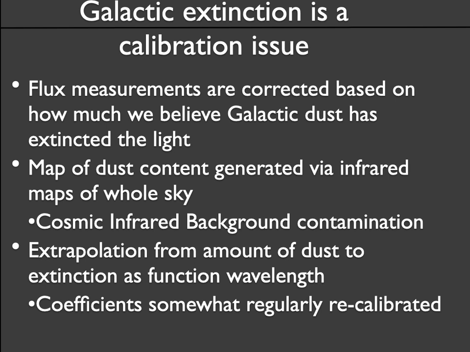So that is a calibration issue, and this is an issue that we're looking into from a lot of angles right now, because it can seriously impact our measurements in a few different ways. And one of the ways is that the dust maps themselves can be contaminated by galaxy light and have actual large-scale structure in them. So if you're not careful, you can actually be subtracting real structure from your measurements when you try to subtract out the dust.